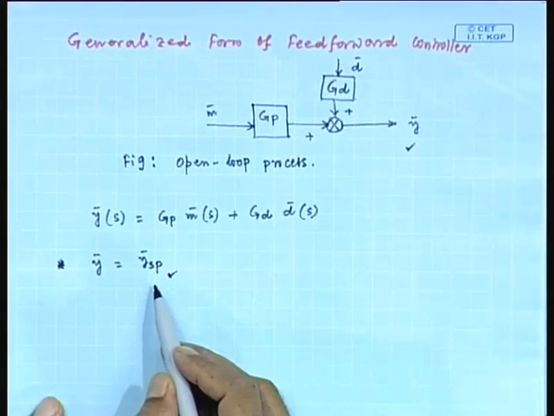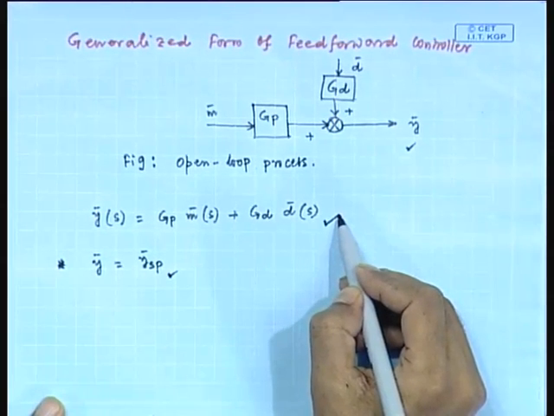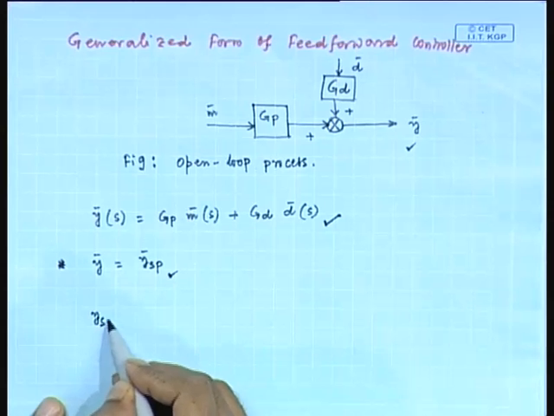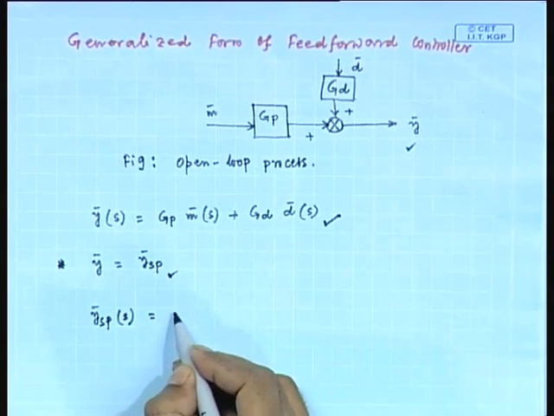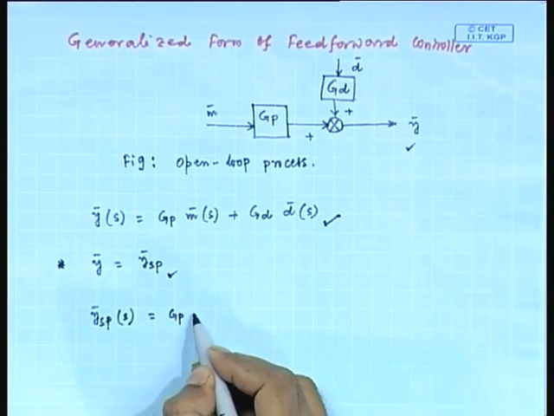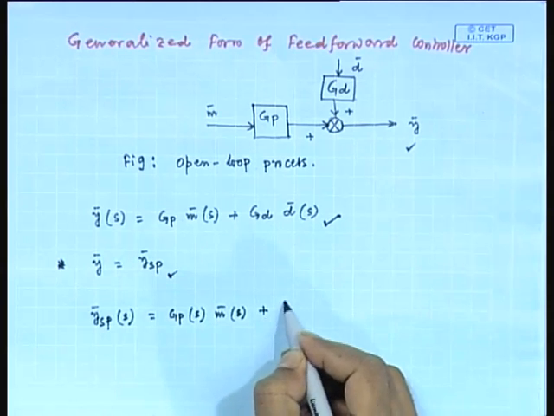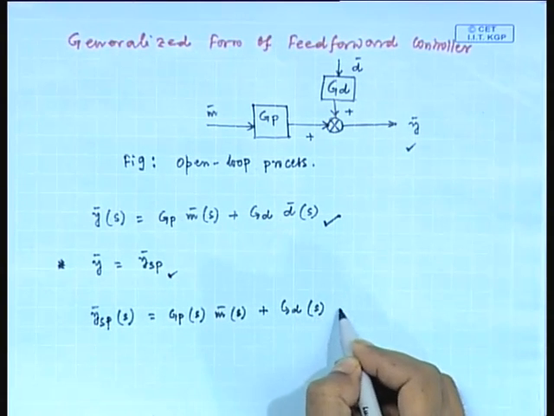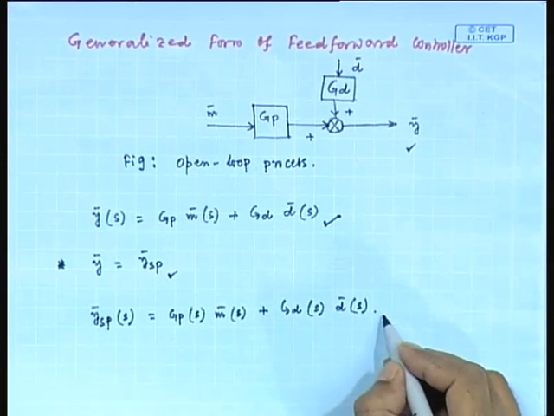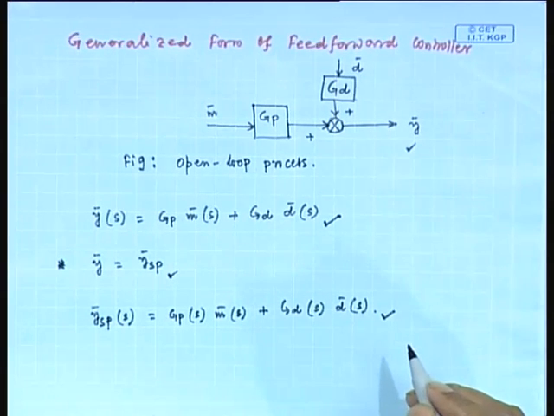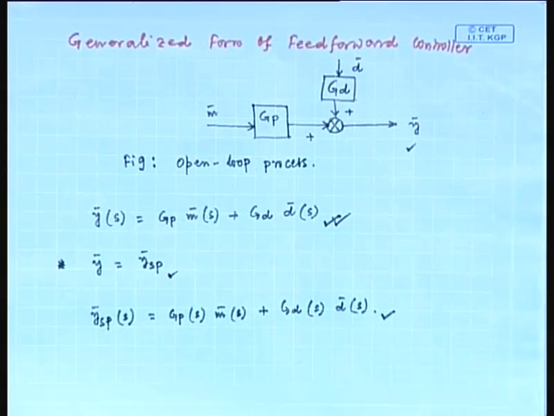So, if we substitute y equal to y set point in this equation, then we obtain y set point is equal to GP s m bar s plus GD s d bar s. This expression we obtain just substituting y equal to y set point in this open loop expression.